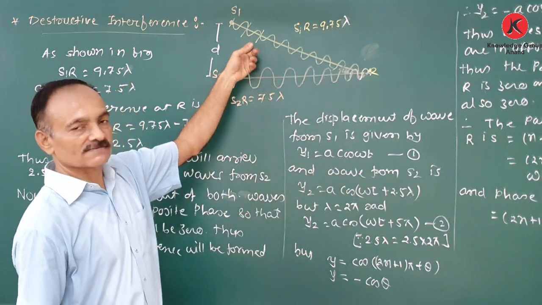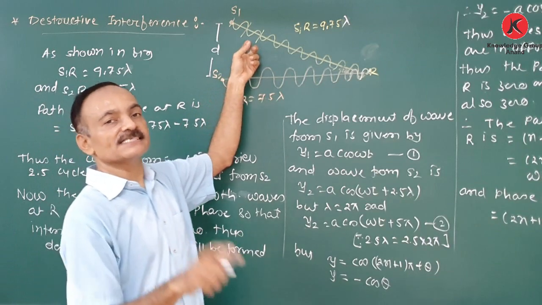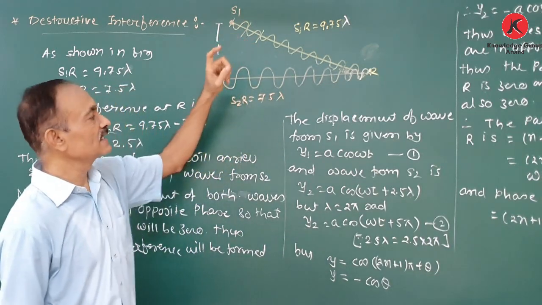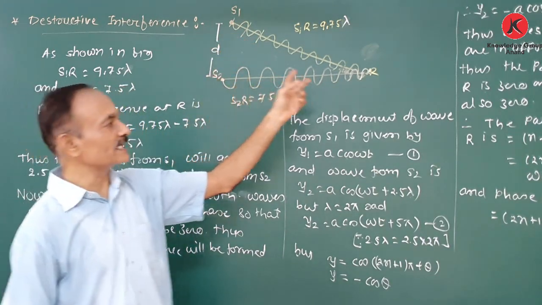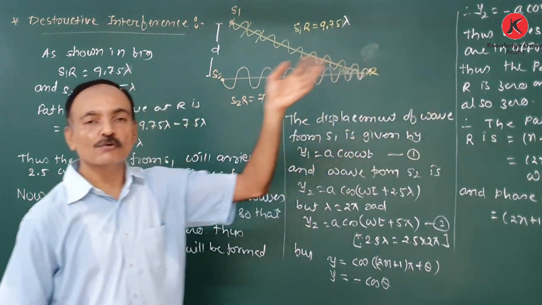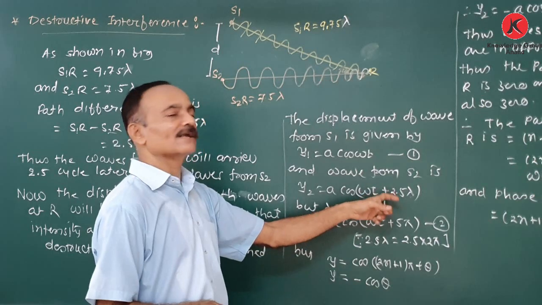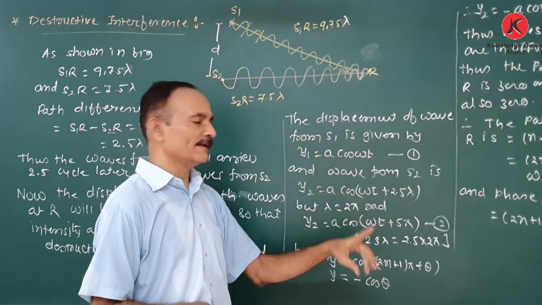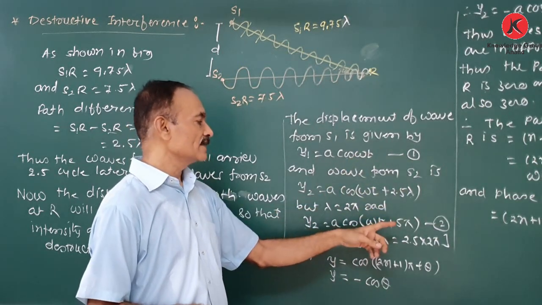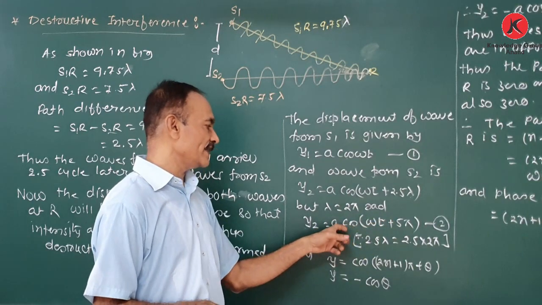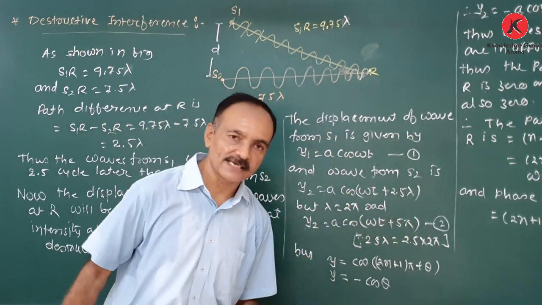Now, S1 reaches 2.5 cycles later. Or in other words, the wave from S2 reaches point R earlier by 2.5 cycles. Therefore, y2 is equal to A cos (omega t plus 2.5 lambda). Lambda is equal to 2 pi. Therefore, A cos (omega t plus pi).